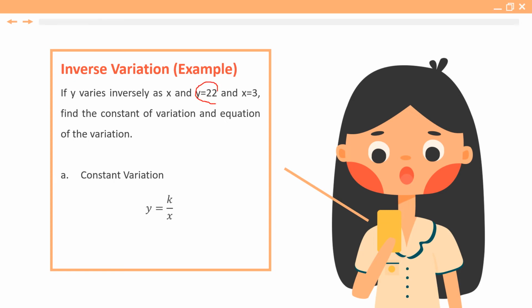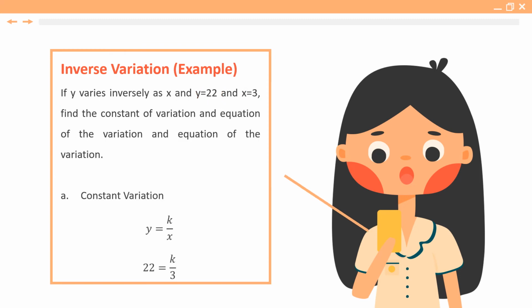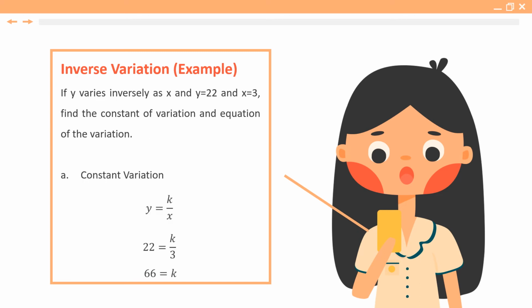So y and then x, just substitute. When we say inversely, it is not beside it because that is direct. It should be in the denominator because it is inverse. So when you say inverse, it should be at the bottom, a fraction. So we substitute. 22 is equal to k over 3. Wherein our k would be equal to 66.